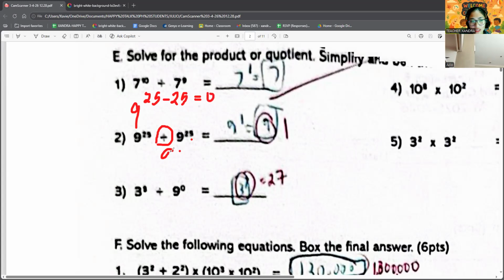So this is 9 raised to 0. This is the zero exponent rule. So every number that is raised to 0, the answer is 1. So that's why it's 1. 25 minus 25, it's 0. So why is your answer 1?